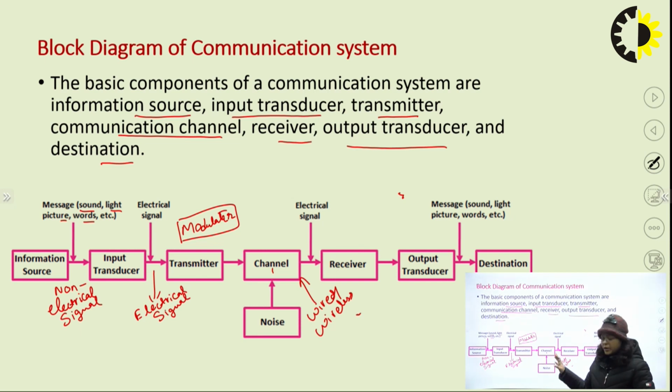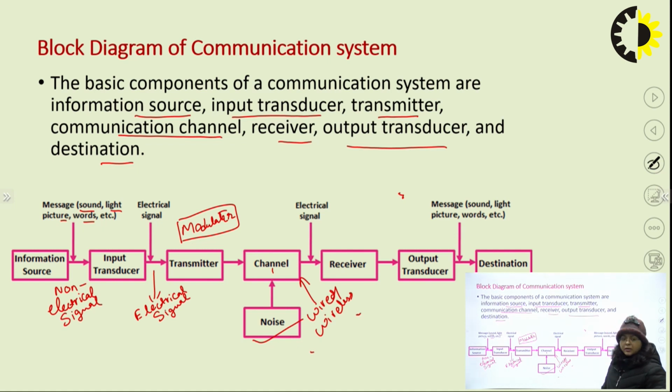Channel is the main source of noise in this communication system. It's the open environment through which the signal travels, and through this channel, majorly noise is added to the system.